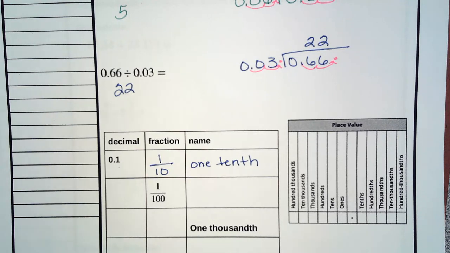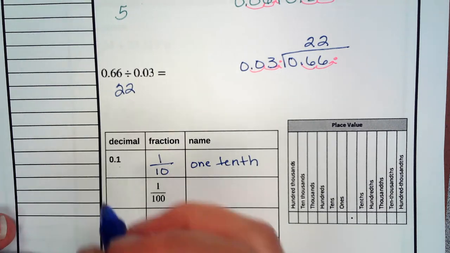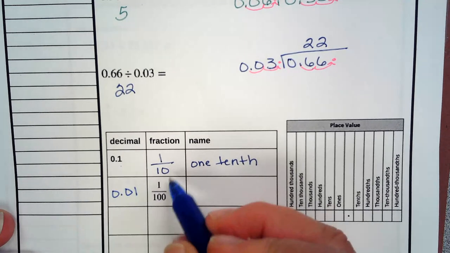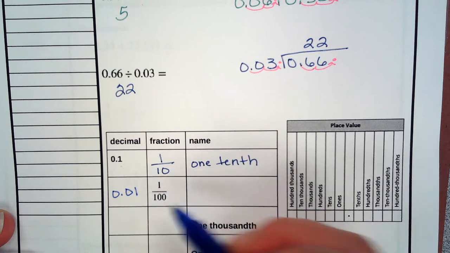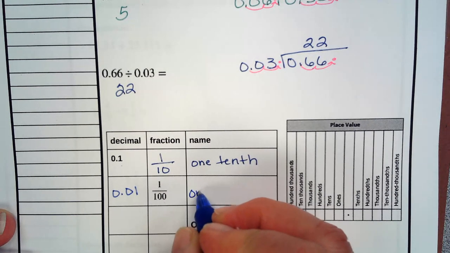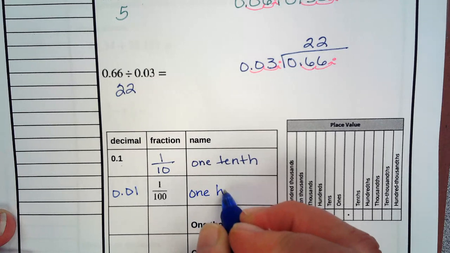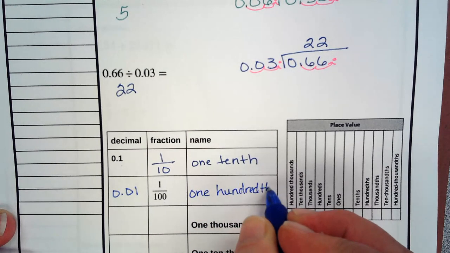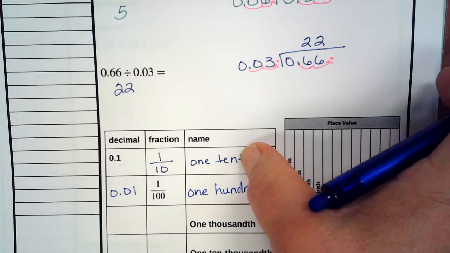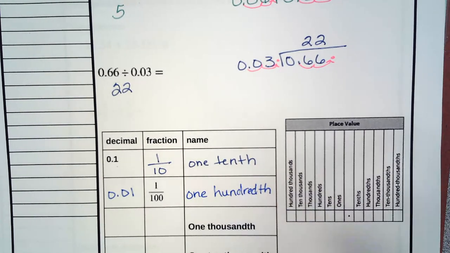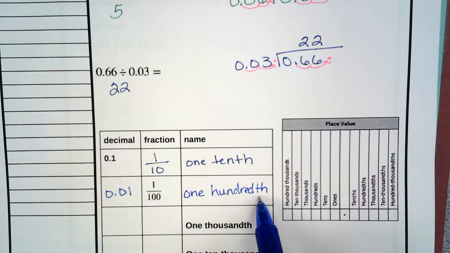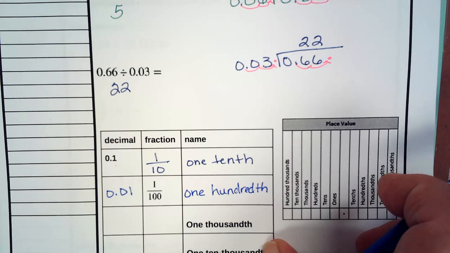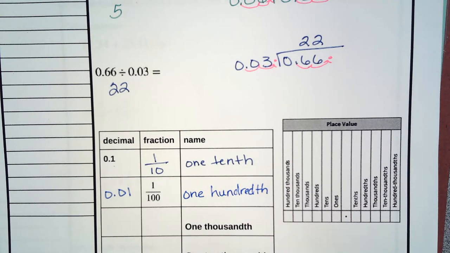For the next one, it is 0.01. That's 1 over 100. And that is 1/100th. If you notice, 10, tenth, 100, hundredth, 1,000, thousandth, 10,000, 10,000ths.